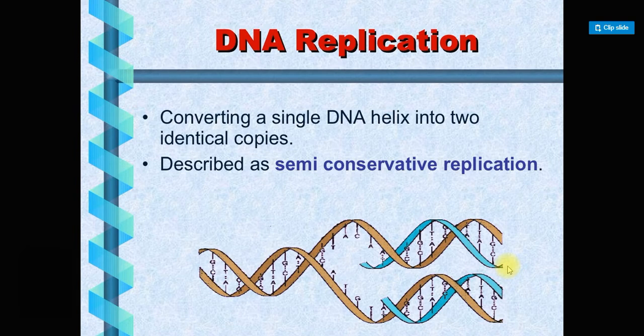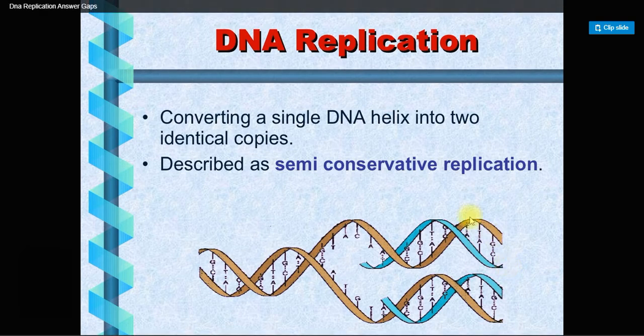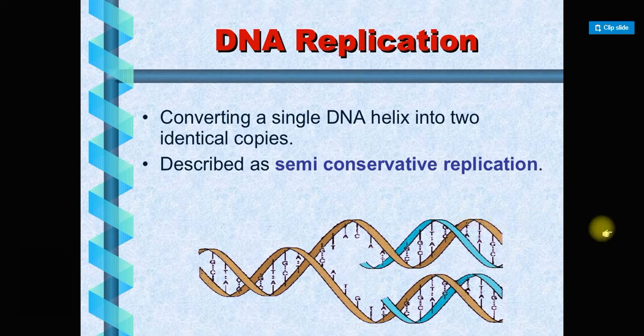DNA replication involves an incredibly sophisticated, highly coordinated series of molecular events, and these events are divided into four major stages. The first is initiation or unwinding of DNA, then primer synthesis, and elongation.